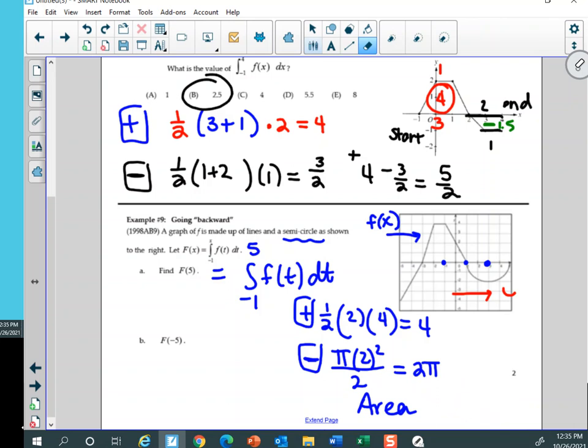It's not 4 plus, it's 4 minus 2 pi. 4 minus 2 pi. This little piece is 4, and this little piece is 2 pi. And this is my start, and this is my end.